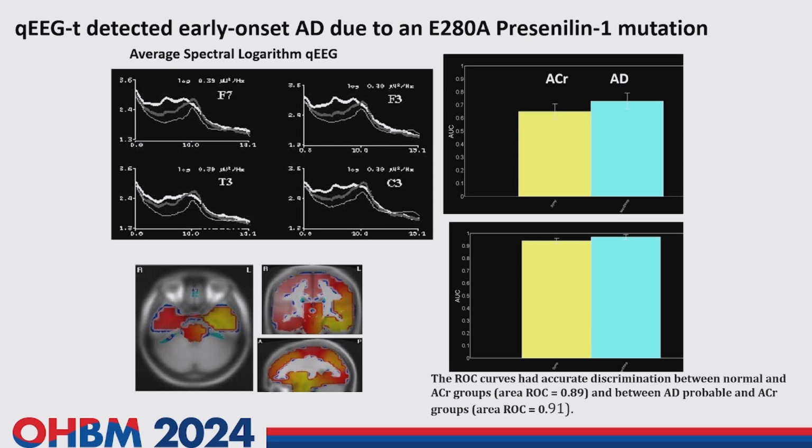On the right is a histogram of the area under the ROC of the discriminant analysis to distinguish the patients with the mutation from the control group. On the top is scalp, on the bottom, VARETA. Notice the improved performance with source analysis.